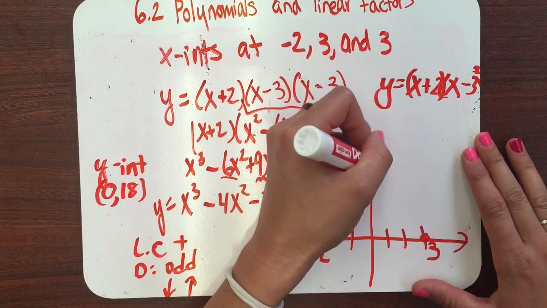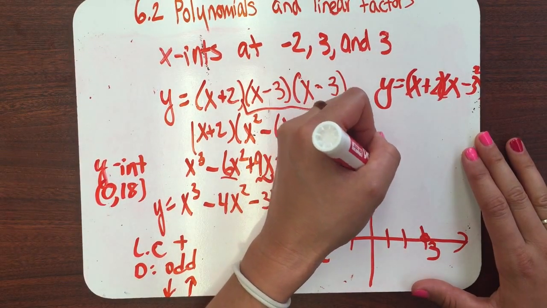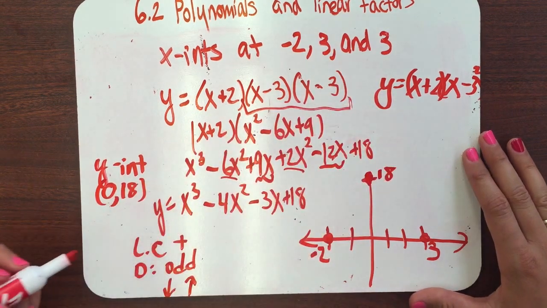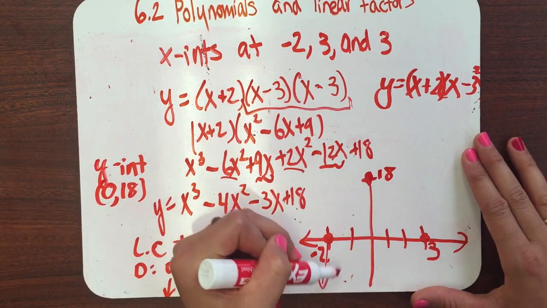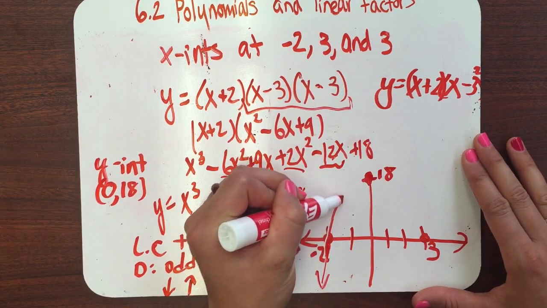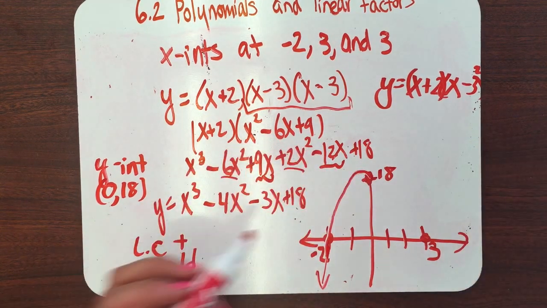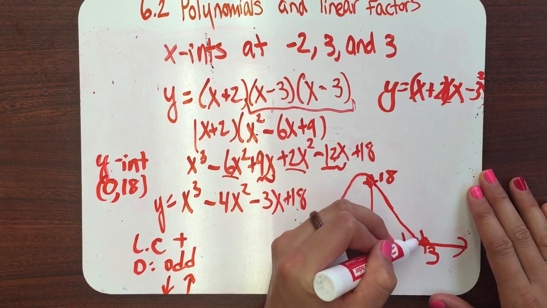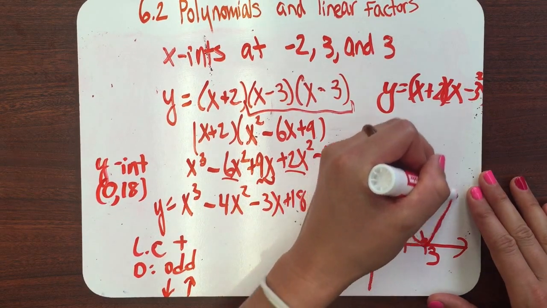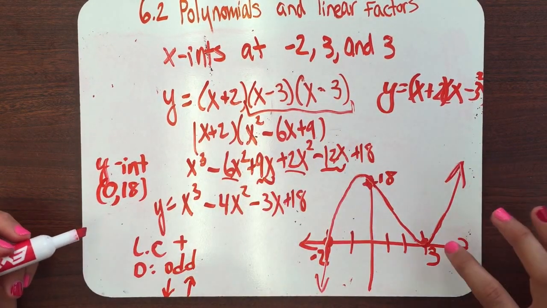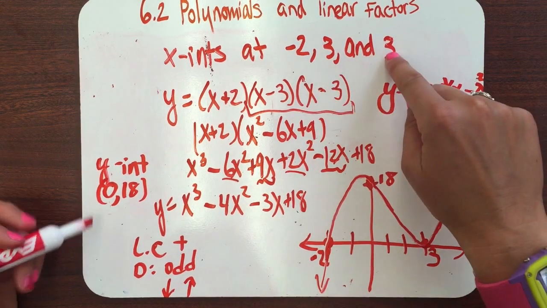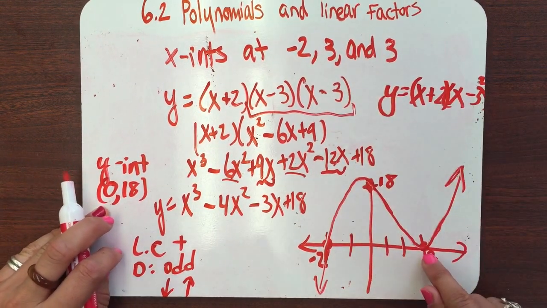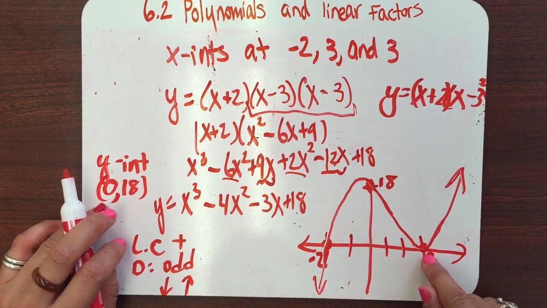So we'll just say that this is about 18 here. So we're going to go down, it's going to go through our y-intercept, and then it's just going to come down, touch the 3, and then come back up. And we knew it was going to be like that because the 3 came up twice.